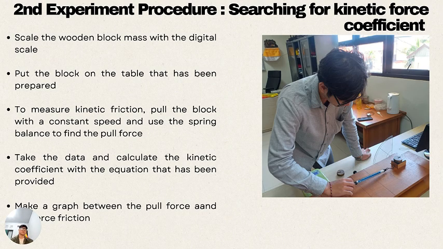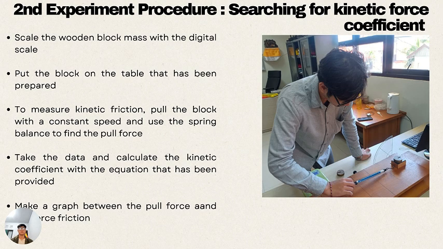Second experiment procedure, searching for the kinetic force coefficient. This is ultimately the same as the previous procedure, but the difference is that we are going to measure kinetic friction. First, we scale the wooden block mass with the digital scale, and as previously said, we add some masses on top of the block to see if there is any effect on the experiment.